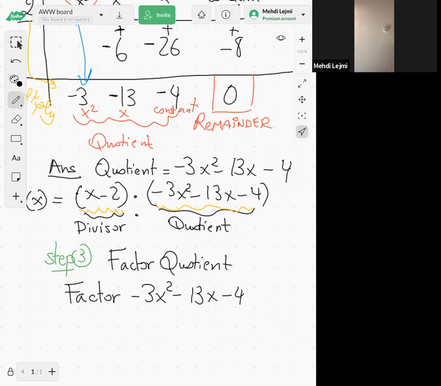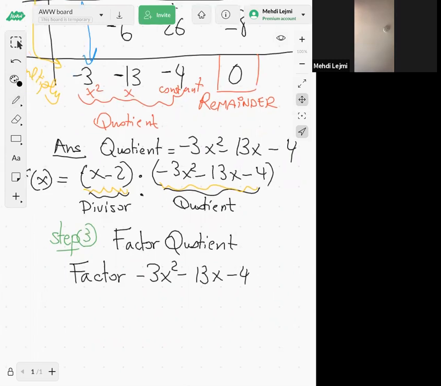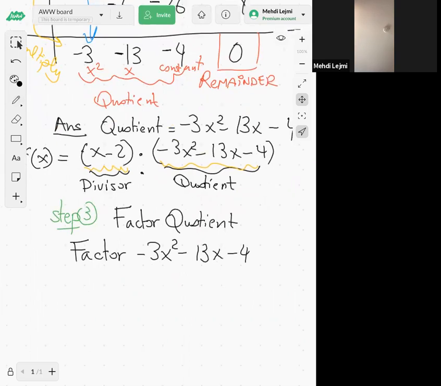One possible way to factor the quotient, because it's a quadratic function, is to use the quadratic formula. So we can solve negative 3x squared minus 13x minus 4 equal to 0. Use the quadratic formula.